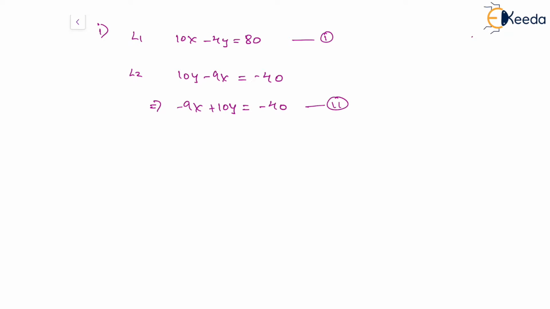So the first line is 10x minus 4y equal to 80, and the second line is 10y minus 9x equal to negative 40, which can be written as minus 9x plus 10y equal to negative 40. For these equations 1 and 2, we can use any solution method of linear equations, and let us try the Cramer's rule.